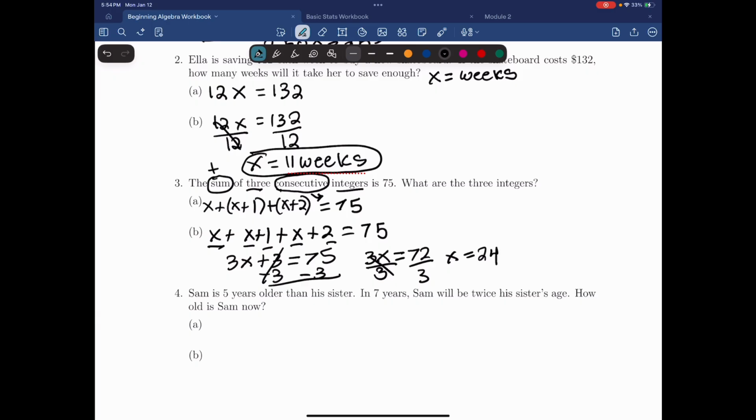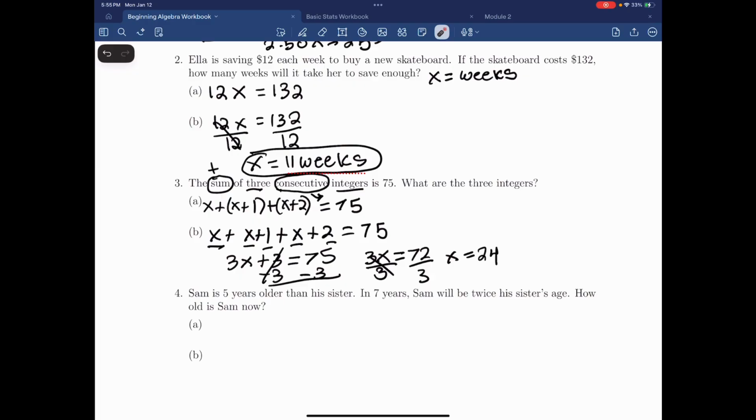Is this our answer? Are we done? We aren't done, because look, we want to know what the 3 consecutive integers are. And recall from the beginning, I defined x as the first consecutive integer. So since this is the first consecutive integer, we need the other 2.